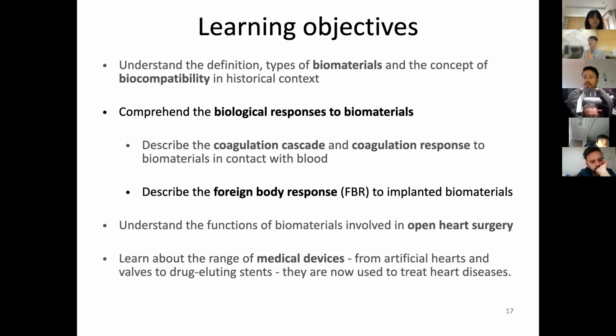All right. So we have discussed biomaterial in direct contact with the blood. And now we'll discuss biomaterial which is not in direct contact with blood, such as an implant in the body. That we call the biological response to biomaterial, especially the very famous term called foreign body response to implanted biomaterials.